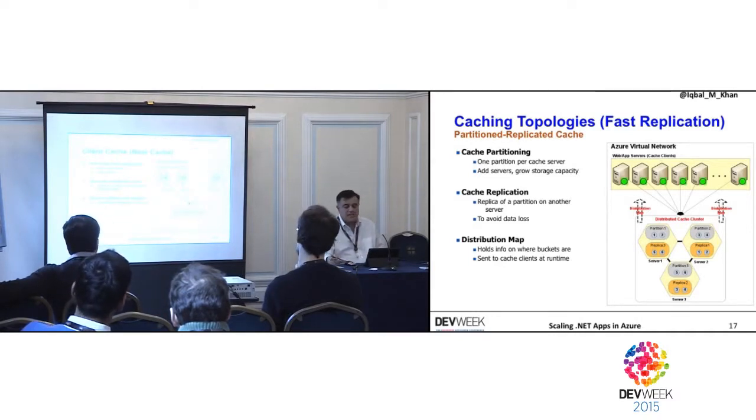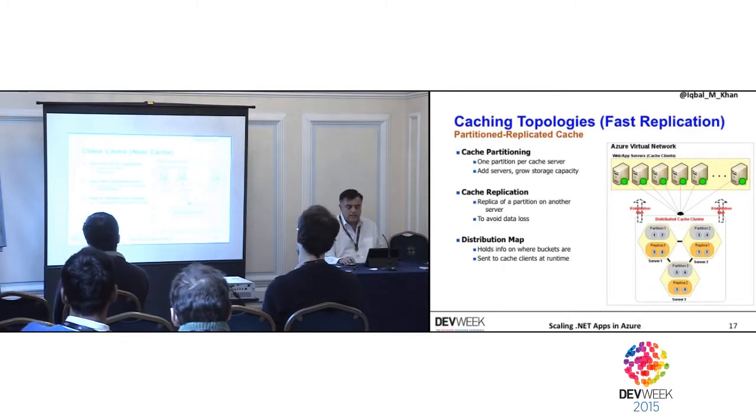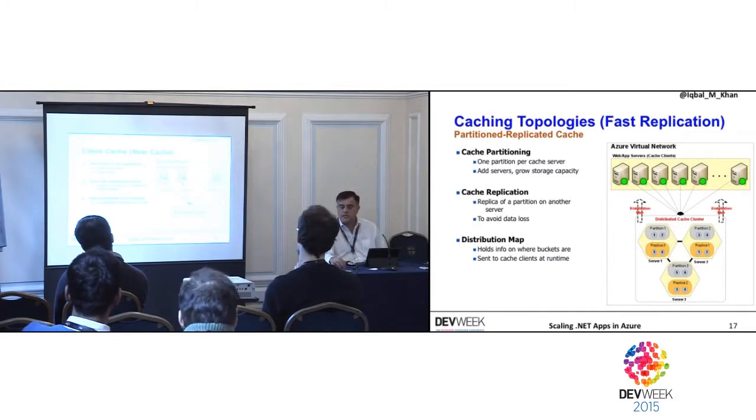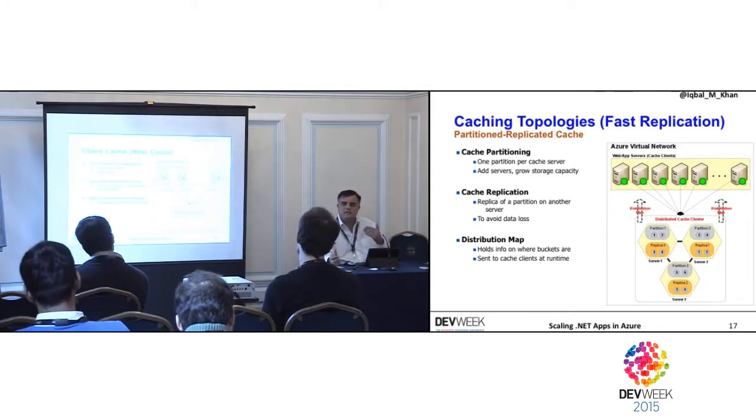Then I talked about the client cache as another feature. So the client cache is actually a cache. It's like a local cache that sits on your application or on your web server. And it can even be in proc, so it can be within your application process. But it's not a standalone cache. I mean, you could use a standalone ASP.NET Cache object, but the problem is then it's not synchronized.